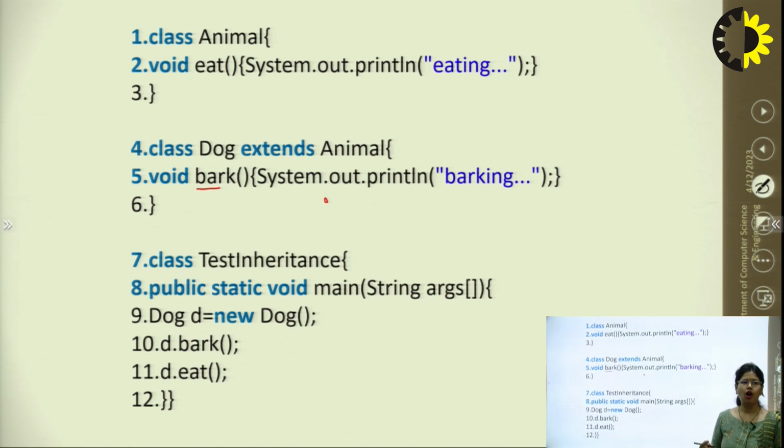So dog will be barking, and the other property it has through inheritance is eating. We created a test class with an object for the dog class, and then I call both the methods. The output will be eating and barking.